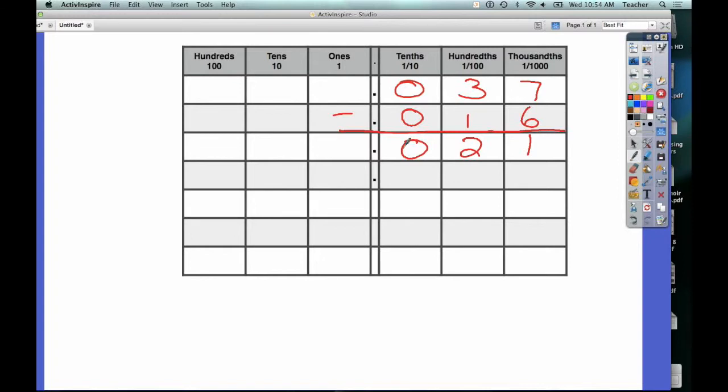So if I were to decompose this number, I didn't want to do that. So how many total thousandths would I have in this number? How many total thousandths? 21 thousandths.